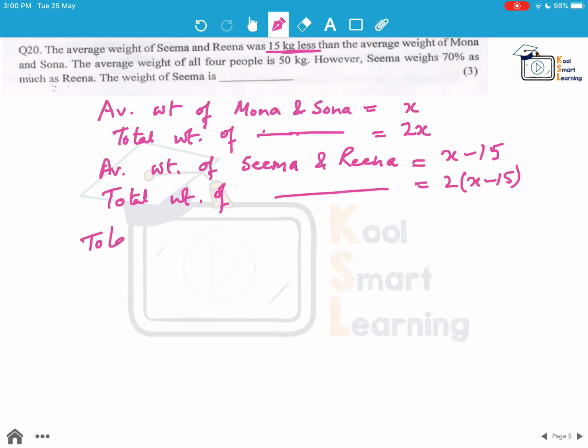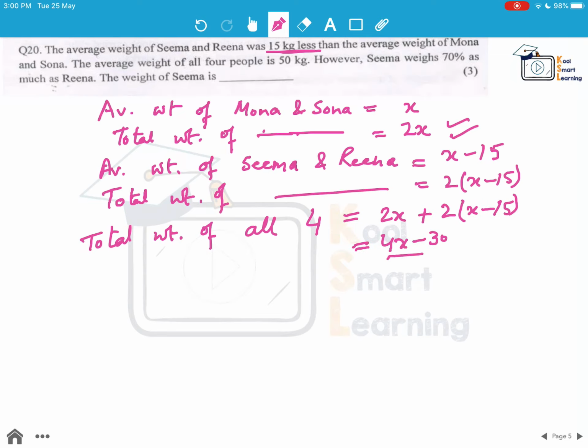Now if we add the total weight of all 4 of them, Seema, Reena, Mona and Sona, it will be 2x plus 2 into x minus 15. So this becomes 4x minus 30, the total weight of all 4.